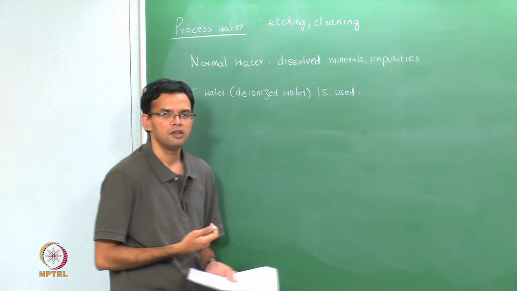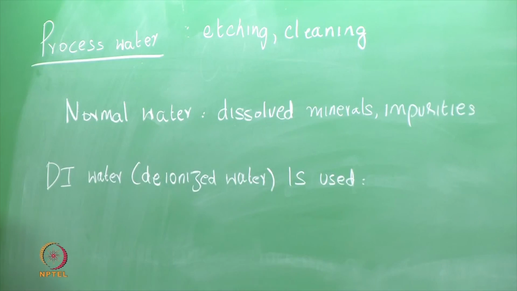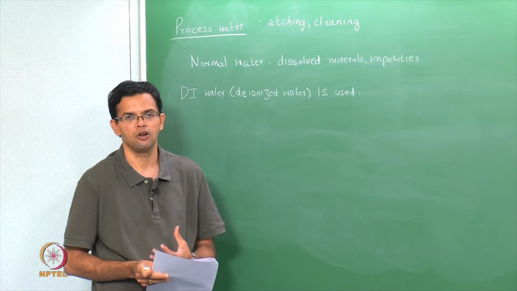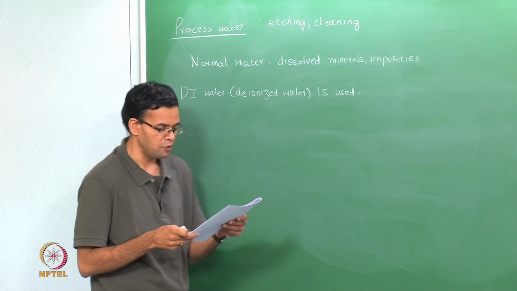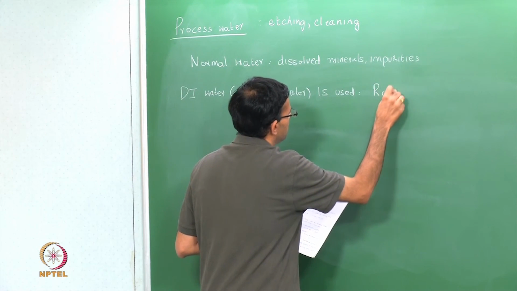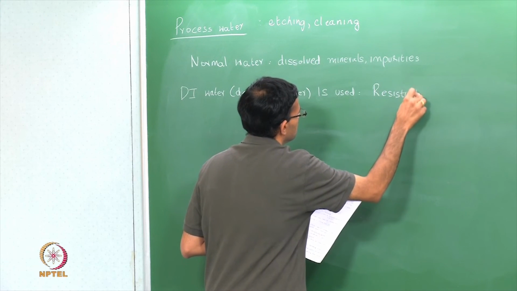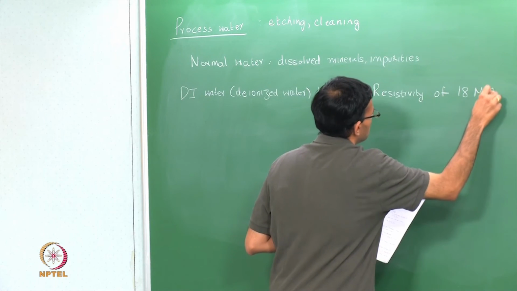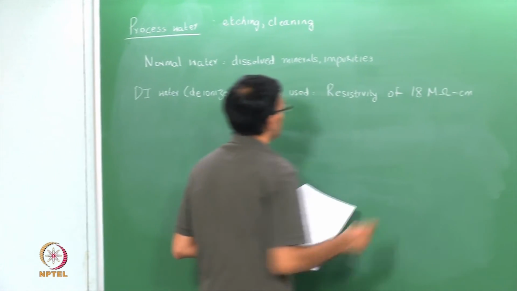So, this is water that has been removed of all dissolved minerals or impurities, and DI water is usually measured by its resistance. So, the higher the resistance of the water, the purer it is. Deionized water has a resistivity of 18 mega ohms per centimeter.